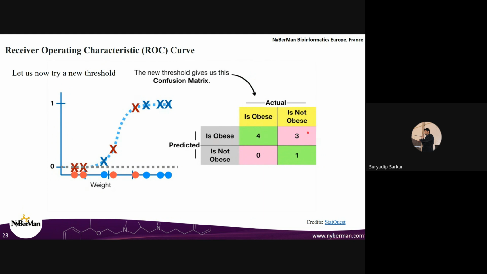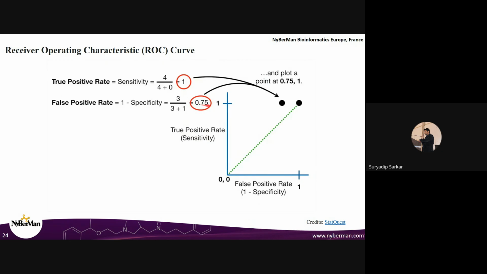And this will be 3 divided by 3 plus 1, so 3/4 or 0.75. So we have the TPR and the FPR. Let us do a point here. Now we see that my true positive rate is still high, which is 1, but my false positive rate has come down a little bit.